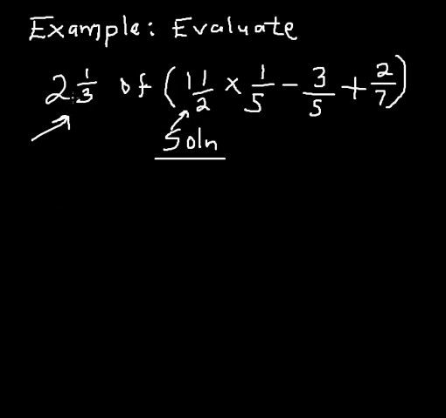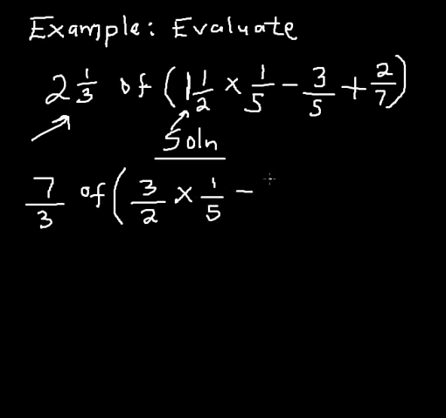So this will be 7 all over 3 of bracket open 100 by 1 over 2, that's going to be 3 all over 2, then times 1 all over 5 minus 3 all over 5, then plus 2 all over 7. Okay, so now let's start solving.